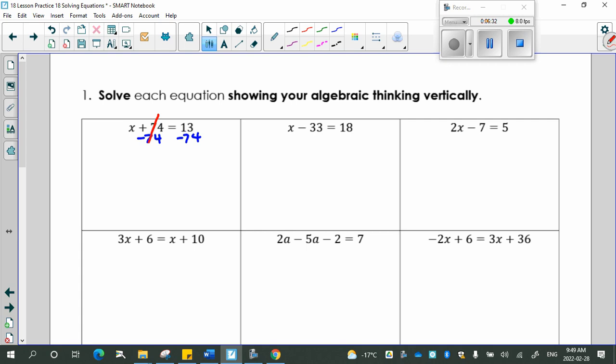So now what's left on the left side of the equal sign is x, and on the right side I have to get my brain or my calculator and do 13 minus 74. Negative 61.